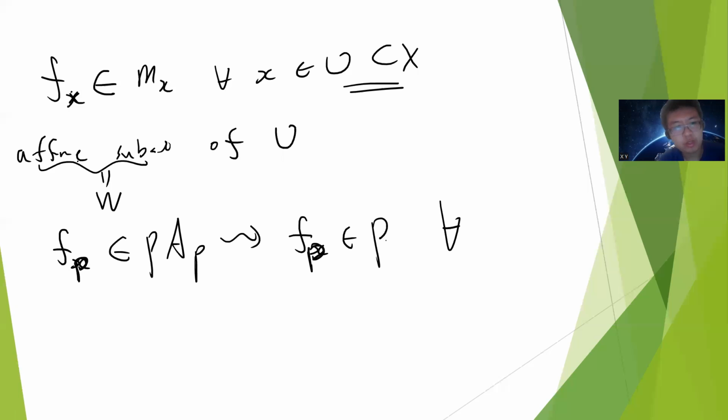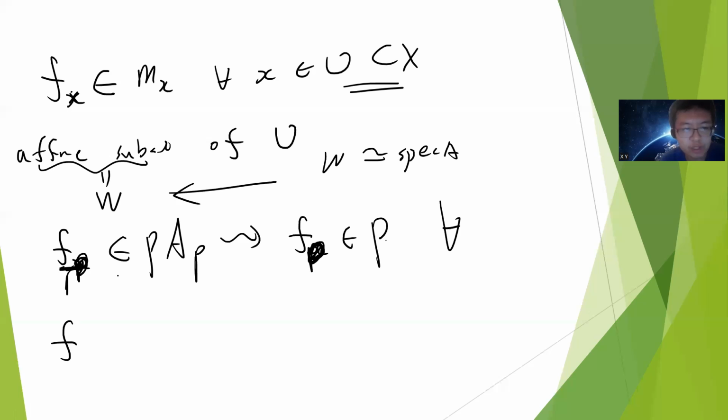Now if I consider the affine subset, these points become prime ideals of the affine subset. So f_p belongs to p A_p, and f_p belongs to p. This means that W comes from Spec A. So for all p, this tells you that f, so it should not be f_p, it should be f divided by 1, right?